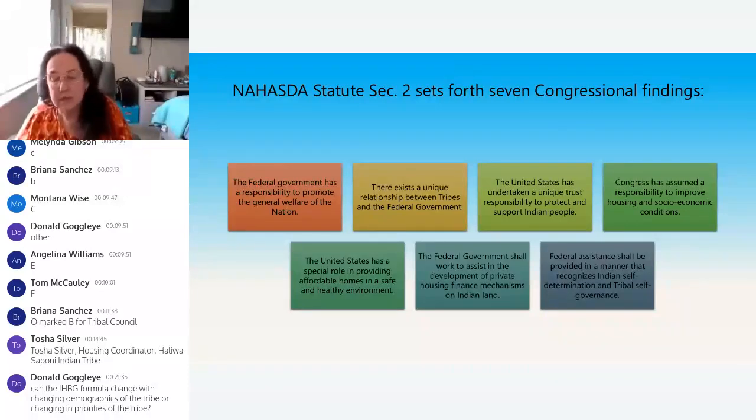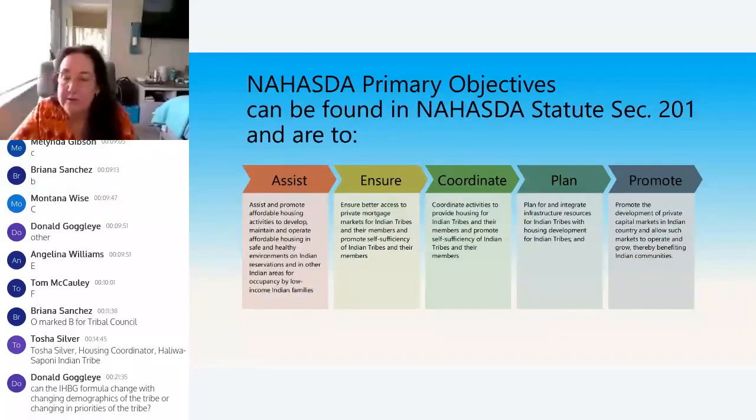The U.S. has a special role in providing affordable housing and safe and healthy environments, and the federal government is going to work to assist the development of private housing financing mechanisms for us on Indian land. That federal assistance shall be provided in a manner that recognizes our Indian self-determination and our tribal self-governance. So the primary objectives can be found in NAHASDA within the statute, section 201.